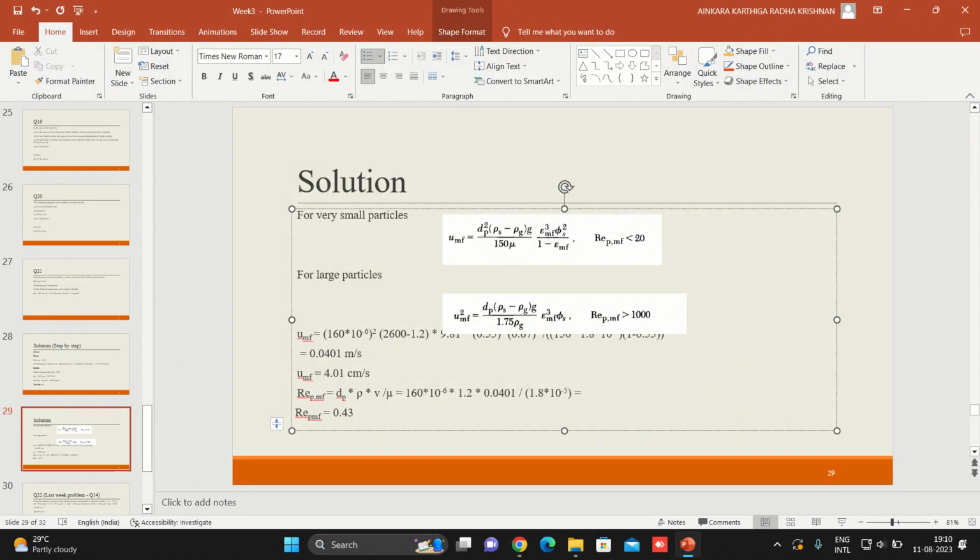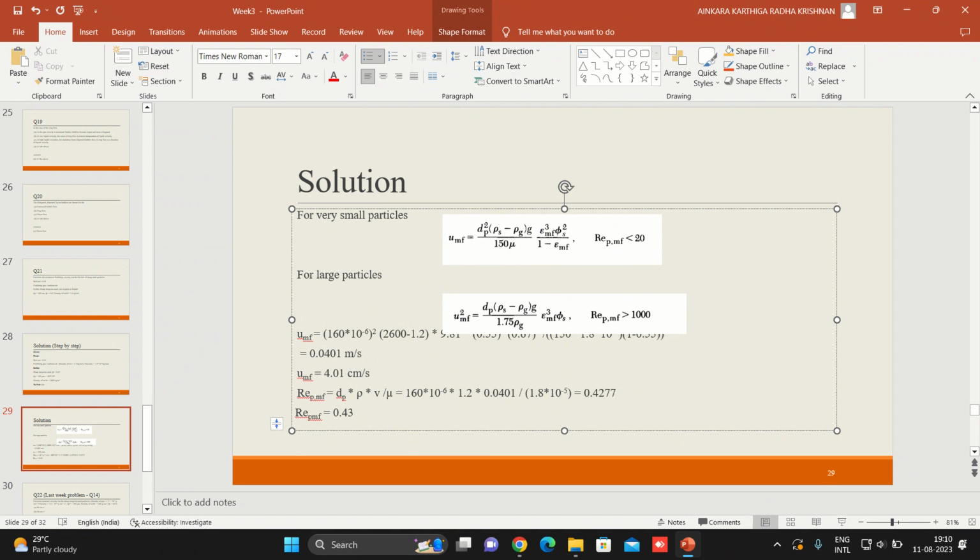What we will get, please let me know. Here we are getting 0.4277. Round off, we get 0.43.